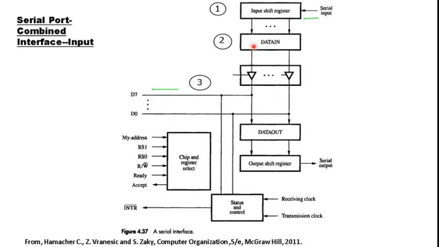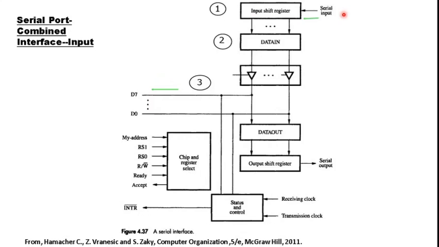At that time the data present in the data in register will be available across the pins D0 to D7, and transmission to the master happens. So here is how an input operation takes place in a serial interface.